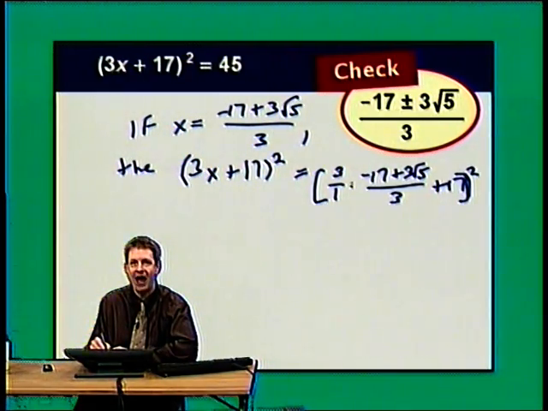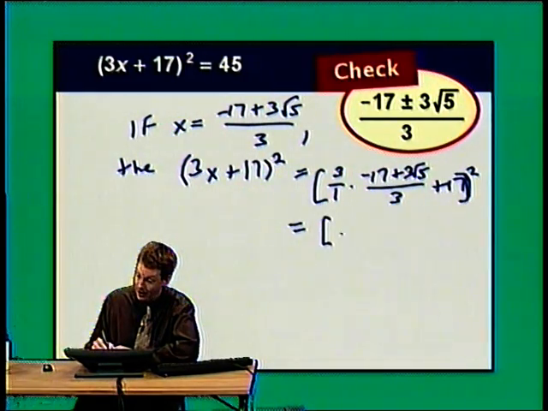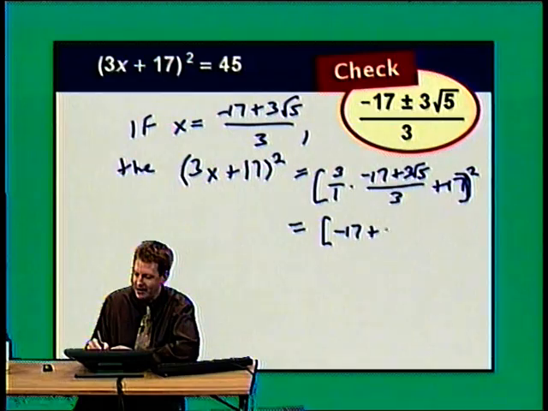Here, I can factor out 3 over 3 from the fraction. When I do that, all I leave behind is the numerator of the second fraction in the first term, which is a long way of saying I leave behind negative 17 plus 3 square root of 5.